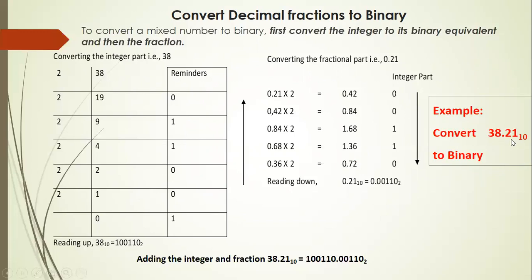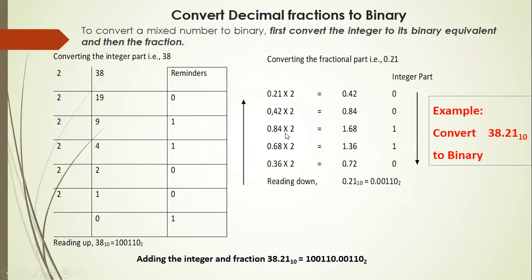Now let's consider the fractional part, 0.21. Here 0.21 times 2 is 0.42, hence I'll take the integer portion into consideration, so 0. Next, 0.42 times 2 is equal to 0.84, so again I'll take 0.